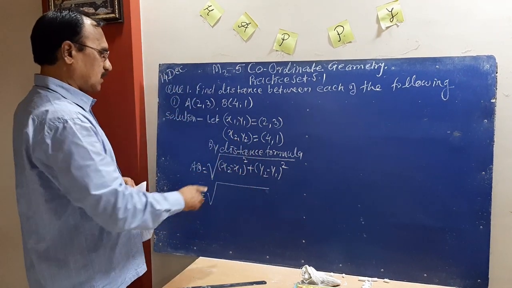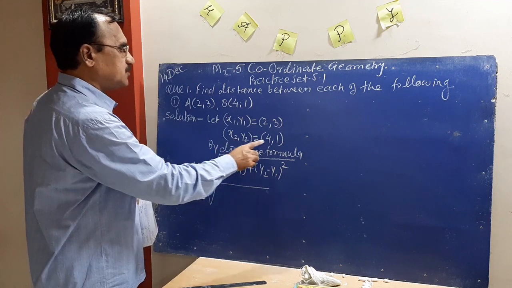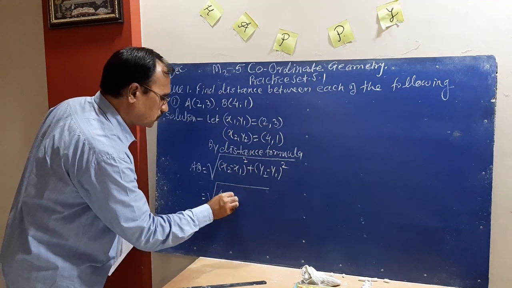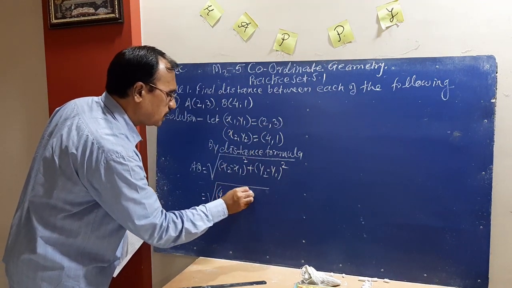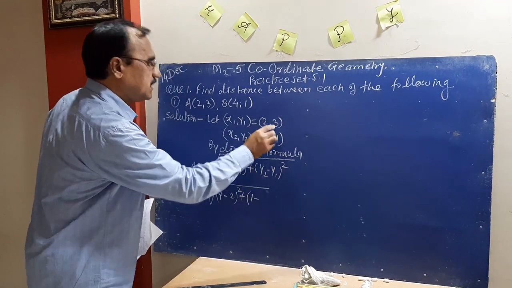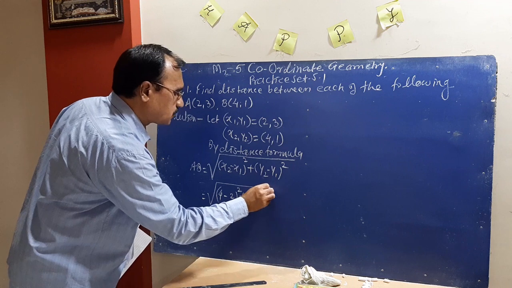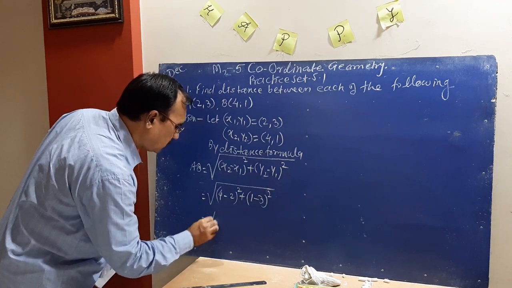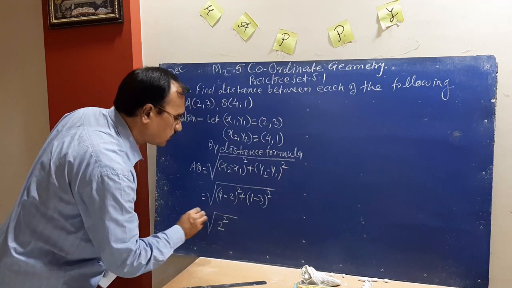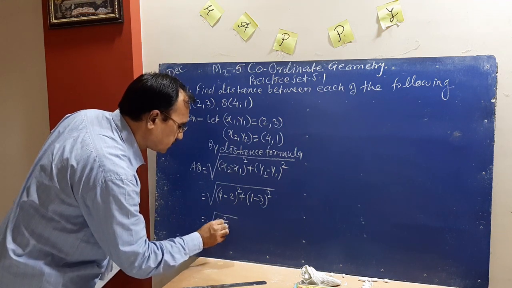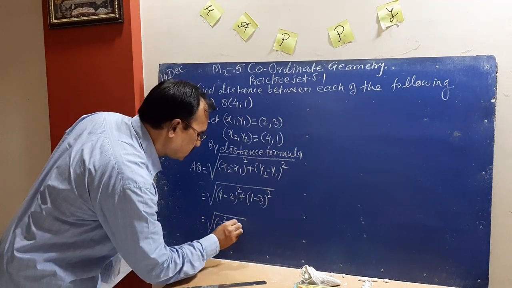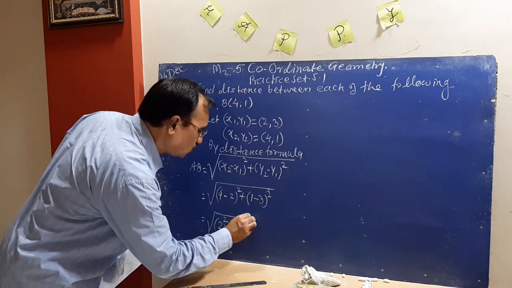under root (x2 minus x1). Here x2 is 4 minus x1 is 2, (4 minus 2) whole square, plus y2 is 1 minus y1 is 3, (1 minus 3) is minus 2, whole square.